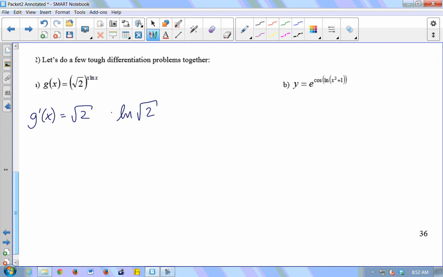That's it. Right? Because all I asked for was the derivative of square root of 2 to the x. If that was just a plain old x, that would be the derivative, right? But it's not just a plain old x, right? It's some stuff. So I have to put the stuff in that box, x ln x.